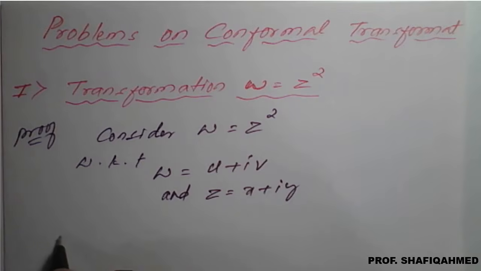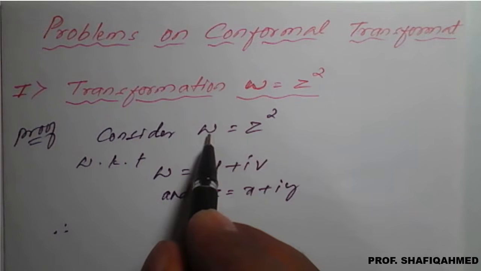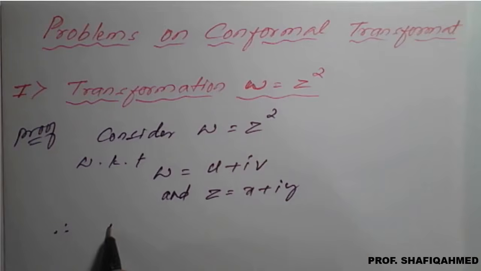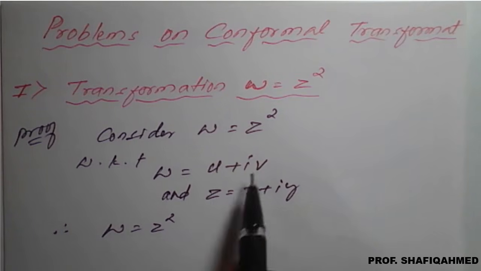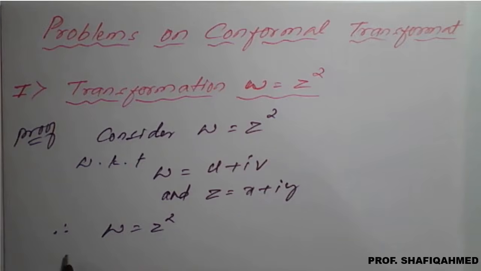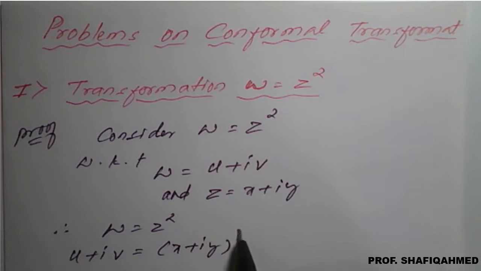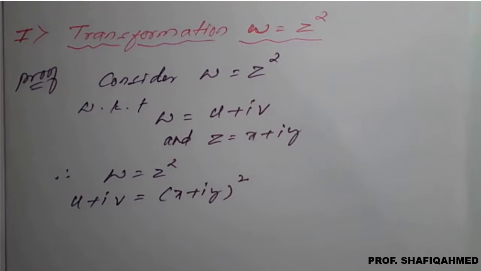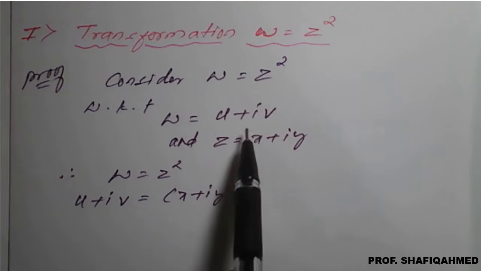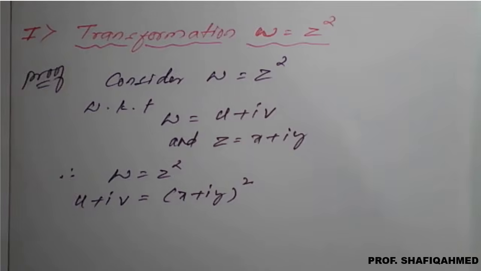Now, for omega is equal to z square, I want to replace the value of z here, and on the left hand side omega I will replace by u plus iv. So it will become u plus iv is equal to x plus iy whole square. I have taken the basic information and applied it in the given transformation.